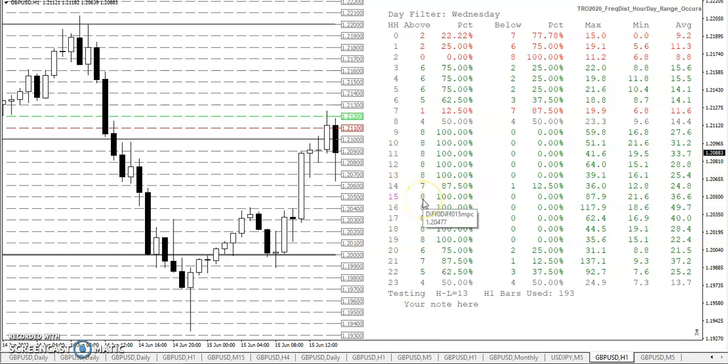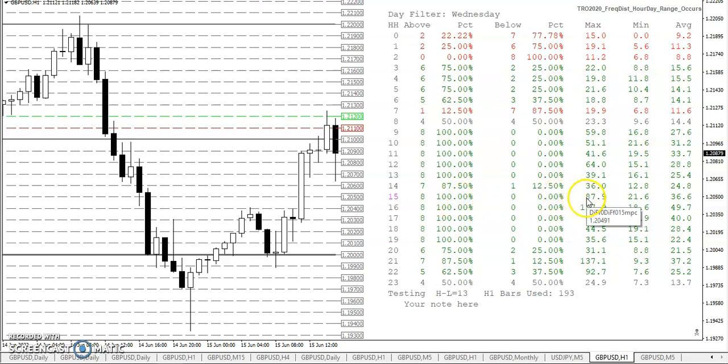This is the number of occurrences out of this that we had at 1500. How many times was the range high minus low greater than 13? And how many times was it less than 13? So 8 and 0. So 100%, 0%.